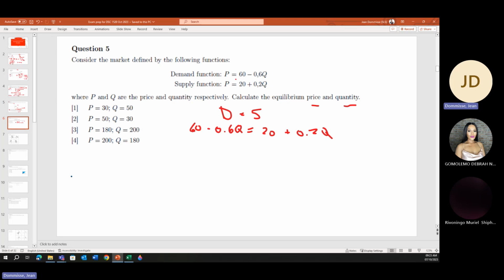If they have written one of those functions differently, as a Q, then just rewrite it, please, so that you can say P is equal to, so that you can use it in this formula.